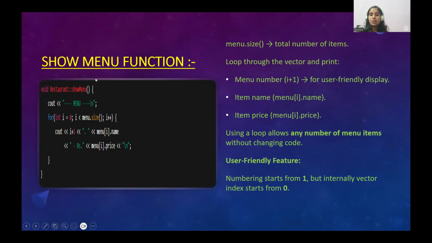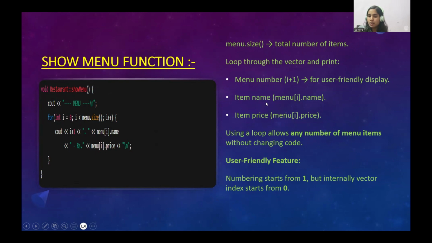So now we are showing the menu, or displaying the menu to the user, so that he or she may decide what to order. So menu size will be showing the total number of items in the menu. We have used a for loop here, as we know that there are three types of loops: while, for and do-while.